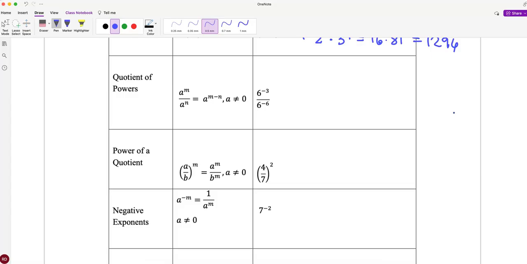So this is a to the m minus n, so this is going to be 6 to the negative 3 minus negative 6, which is going to be 6 cubed. And 6 cubed is 216.